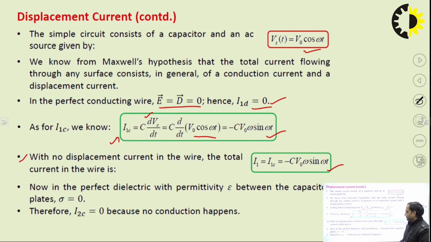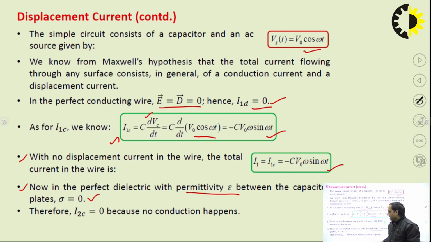Now, in the perfect dielectric case, with permittivity epsilon between the capacitor plates, sigma will be 0. So there are two extreme cases: first, the perfect conductor, and second, the perfect dielectric. In the perfect conductor, there is no electric field present inside the conductor, and the displacement current will be 0.